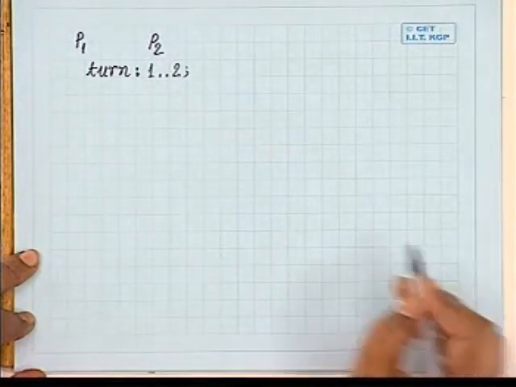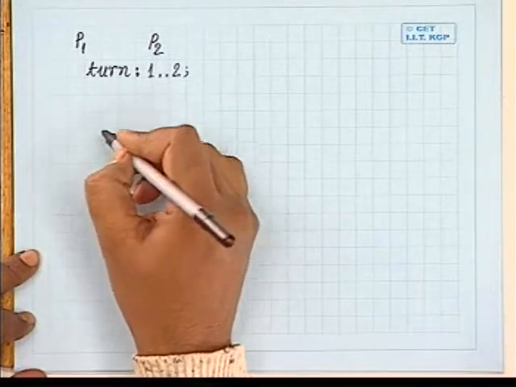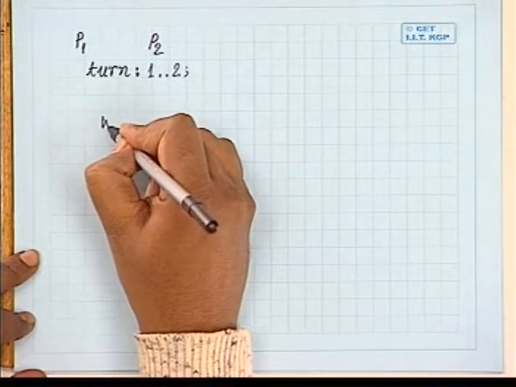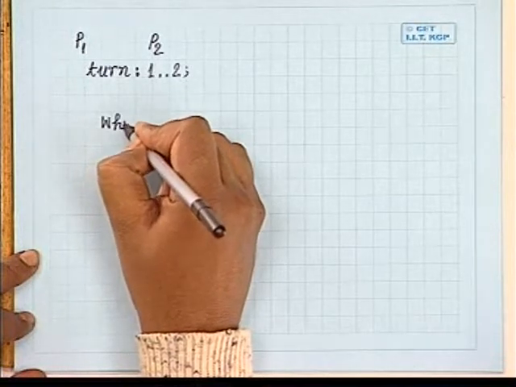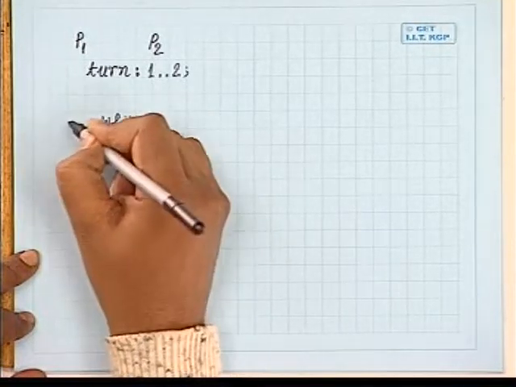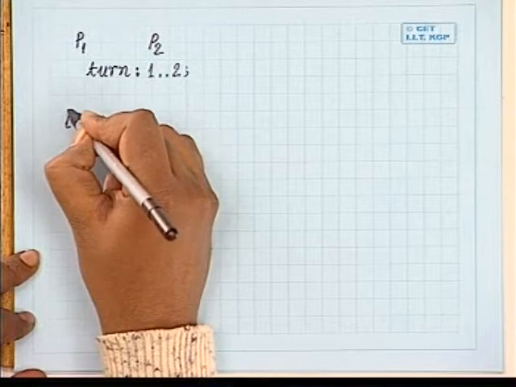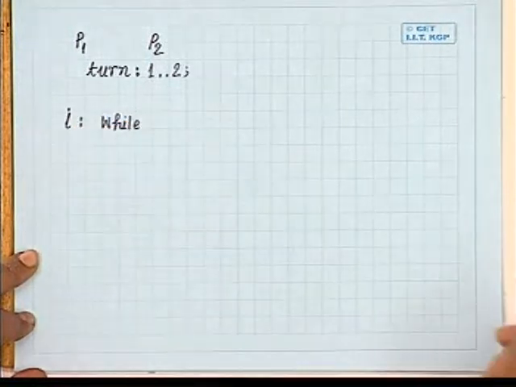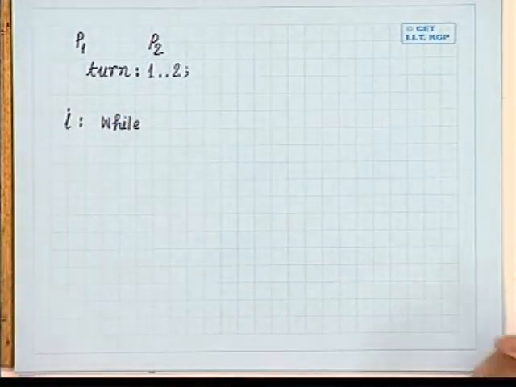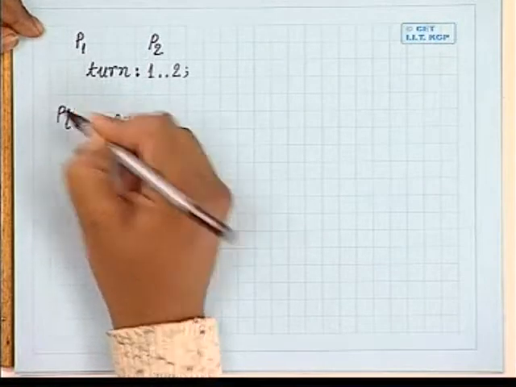Then for every process, the entry section can be written like this: while, let us assume that this is the ith process. i may be 1 or i may be 2. So this is process Pi.